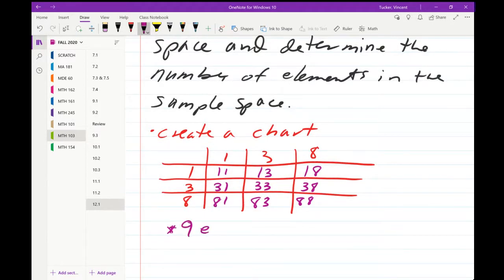So 9 elements all together in the sample space. All right. Questions?